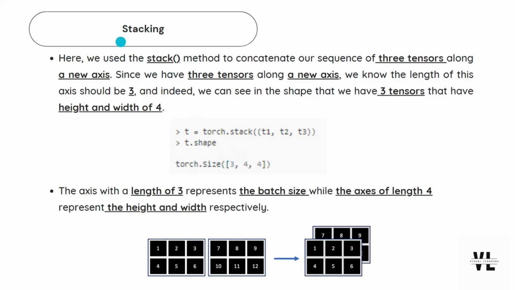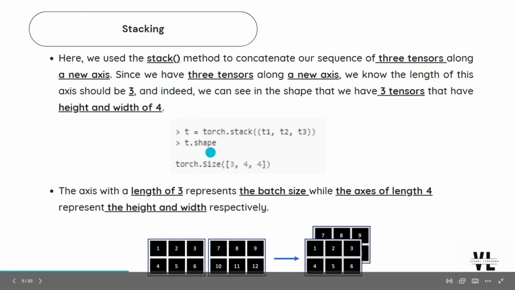So a stacking operation always concatenates tensors along a new axis. That's what you need to remember about stacking. It doesn't concatenate along an existing dimension, but it creates a new one to concatenate the tensors.